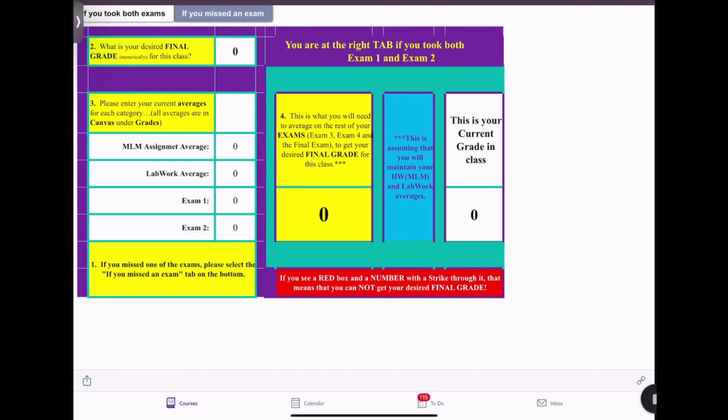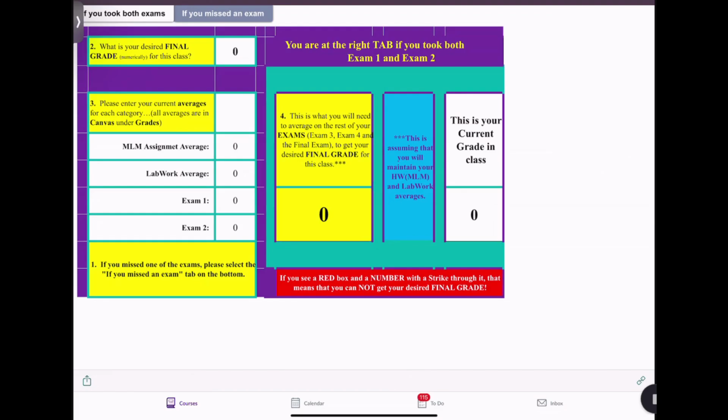Okay? So, if this yellow box turns red or is over 100%, that means you can't get that grade. So you try to put a 92 in there, and this turns to be like 110, you won't be able to get that grade. You can't get an A. Okay?